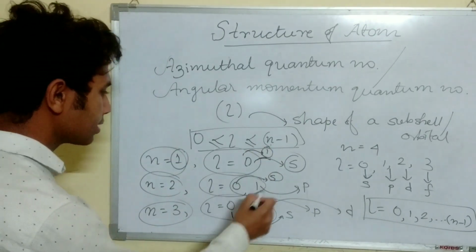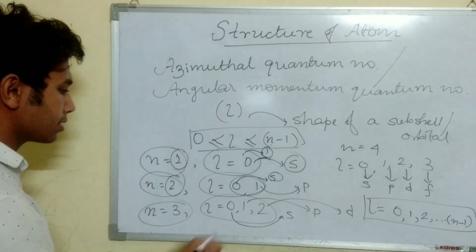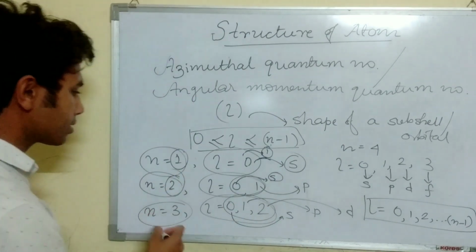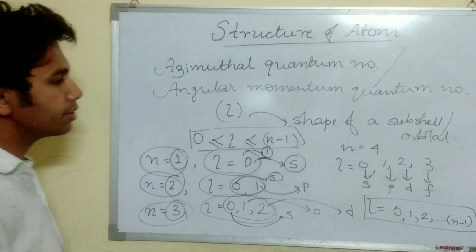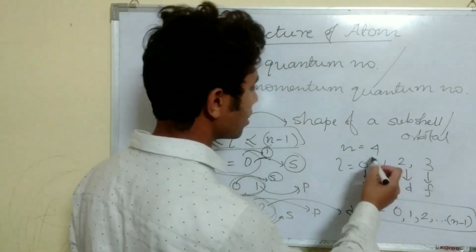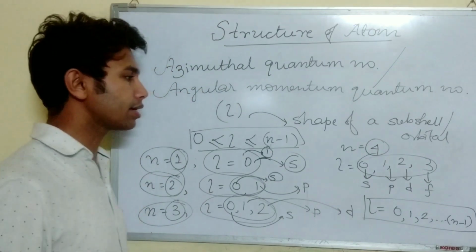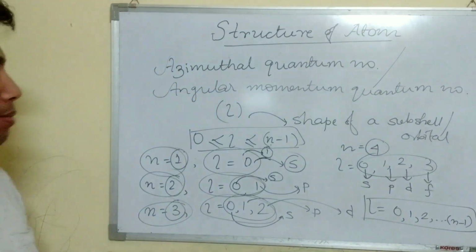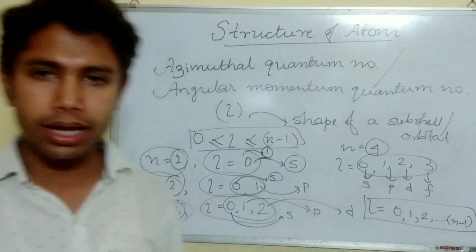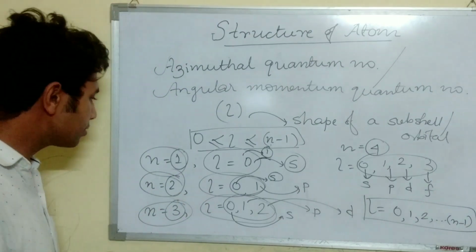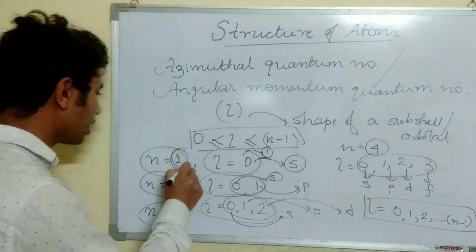Number of subshells here is 1, so the shell number is 1; subshells 2, shell number 2; subshells 3, shell number 3; subshells 4, shell number 4. So the total number of subshells in a shell will be equal to the value of n.